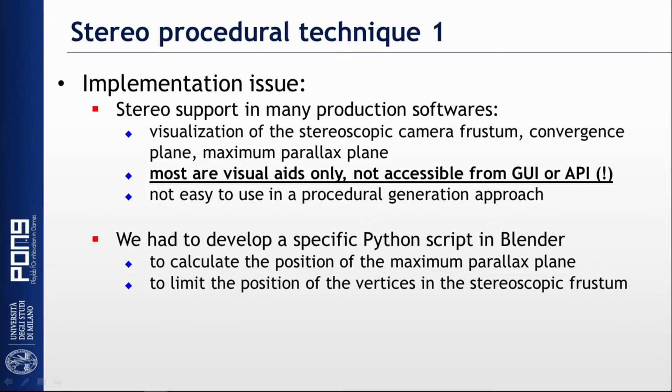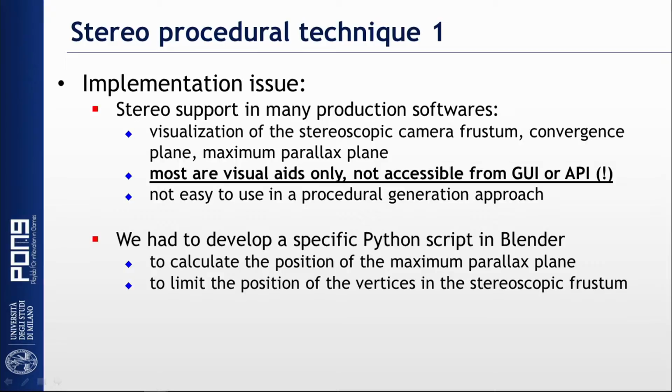So in this case, rather than modifying the whole code of Blender, that is something that can be done when needed, because you have also to contact the developers of Blender, and there is some policy. We had to develop a Python script to recalculate the position of the maximum parallax plane in order to have it available to use in the generation.